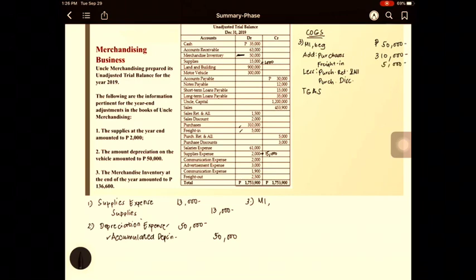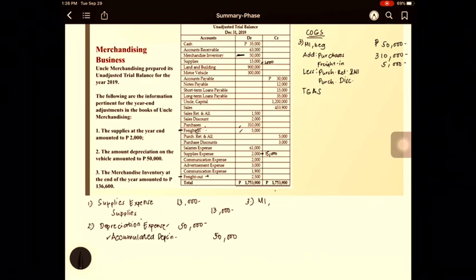If you take a look at the given, we have two confusing accounts here, freight in and freight out. It is only the freight in that is added to the purchases. But freight out really is considered as an expense. Therefore, if the delivery cost is classified as a freight in, then you have to add the amount of that freight in to your purchases.